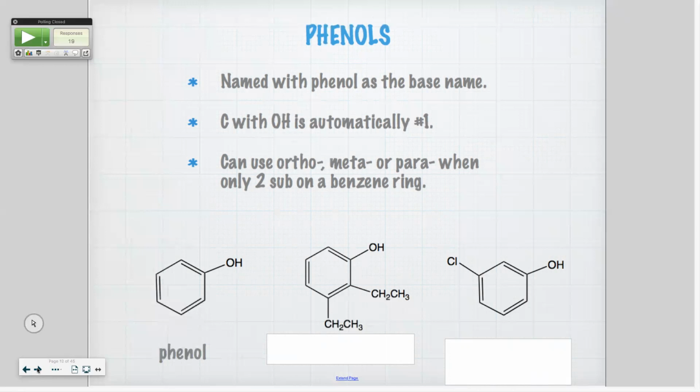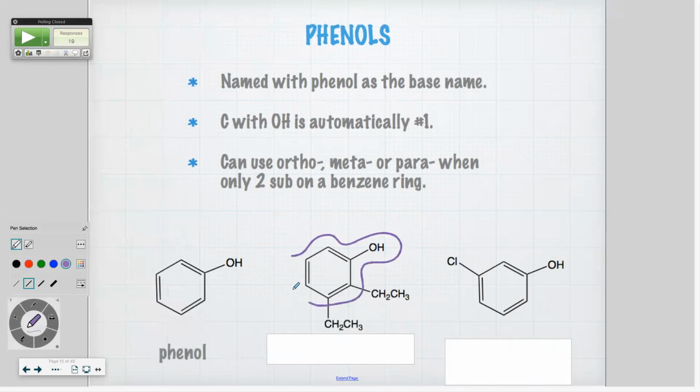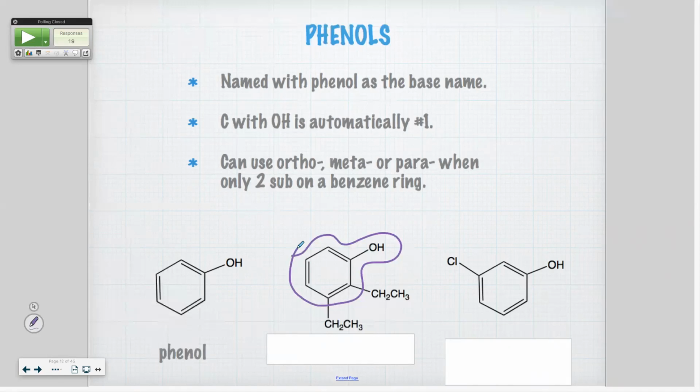Now, if you look at the second compound over here, I'm going to circle phenol in this compound. See that? So you have to be able to pick that out. Oh, that's a phenol. Don't be trying to do cyclohexatriene. We don't do that.